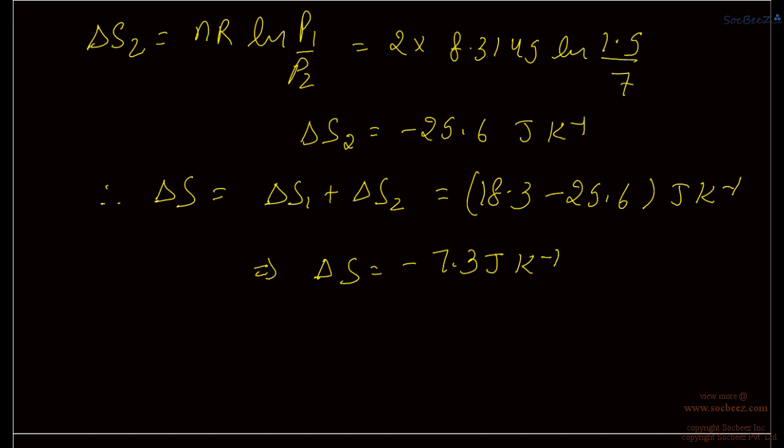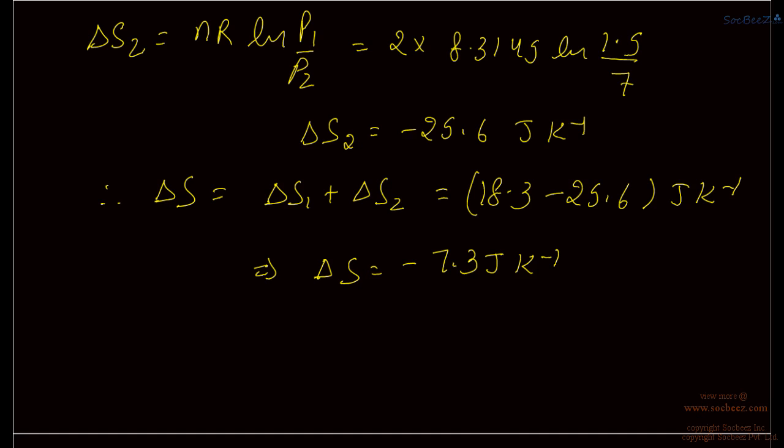Okay, so for the entropy of the system, here we can see that it has a negative magnitude. Now a question can arise in the mind: if the magnitude of entropy is negative, how is the process spontaneous? This process should not be spontaneous.